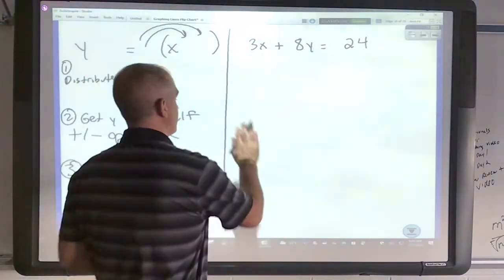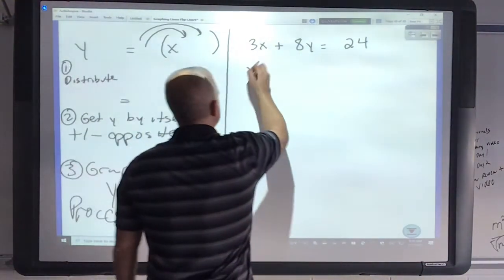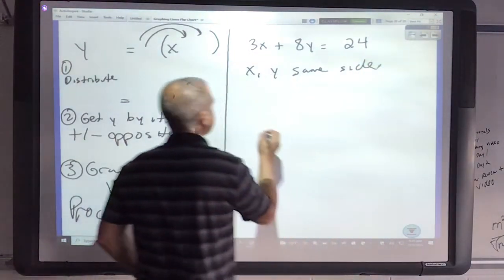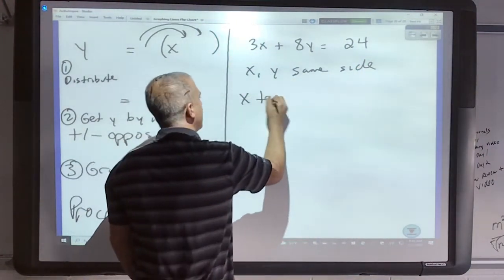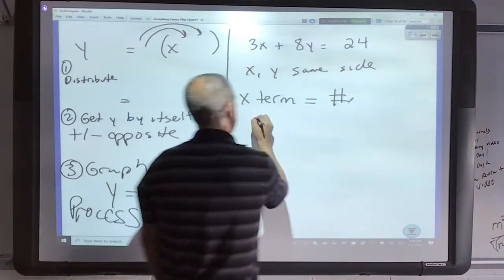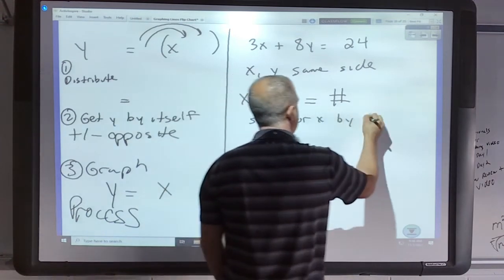These other ones, if you notice, x and y on the same side. So this is x and y, same side. Here's what you're going to do. You're going to take your x term and set it equal to your number. You are going to solve for x by dividing.